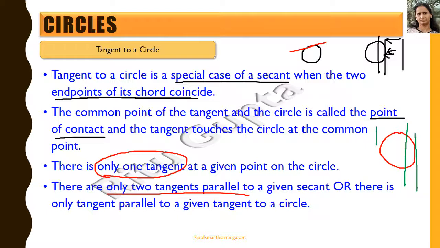One will be here and one will be here. So we'll get only two tangents parallel to a given secant, or if we have one tangent which is given to us, we can only draw one tangent parallel to this tangent.